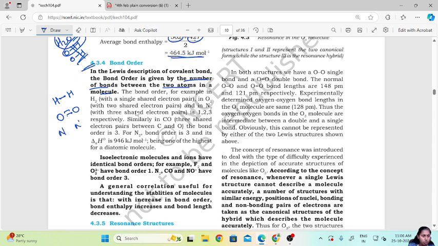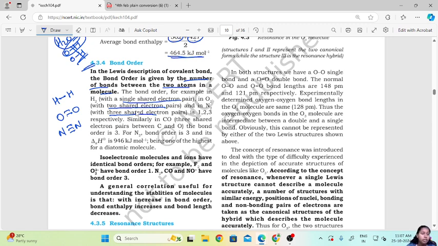For nitrogen, a total of 6 electrons are involved, forming a triple bond. So for H2 you have a single shared electron pair, for O2 you have 2 shared electron pairs, and for N2 you have 3 shared electron pairs. In short, you have 1, 2 and 3 respectively.